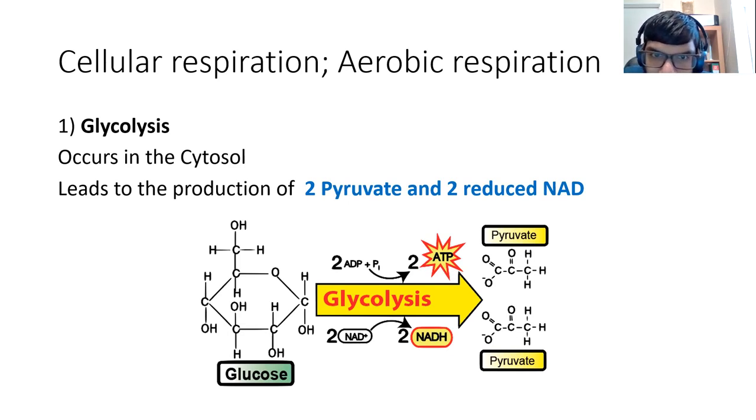And also these points here are very important. ADP plus Pi, which is a phosphate, equals 2 ATP. So here, substrate level phosphorylation occurs, as I mentioned in the previous slide, wherein ADP, adenosine diphosphate, is phosphorylated. Sorry, a phosphate group is added to it, and that forms ATP, 2 molecules of ATP.